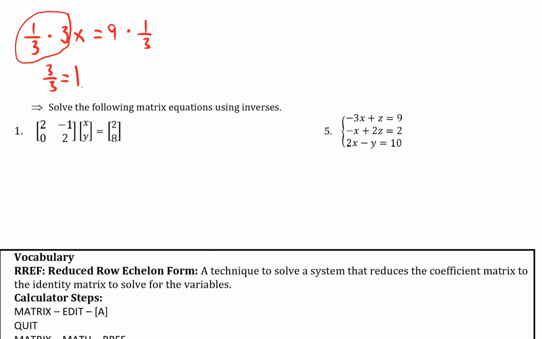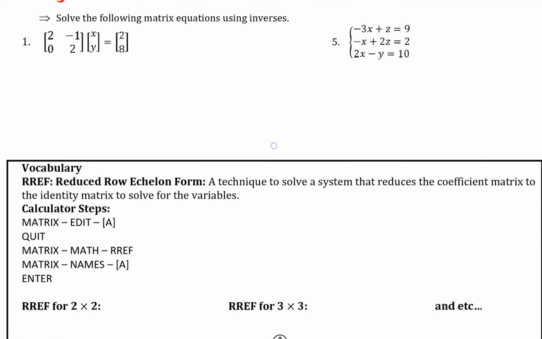That's what we're talking about in a problem like this when you go to solve. It says solve the following matrix equations using inverses. So if this is A and this is B, these are our two matrices. If I want to get rid of this matrix on this side and just have a 1, I can't just get a 1 because we can't divide a matrix by another matrix.